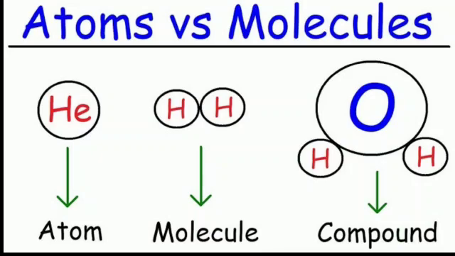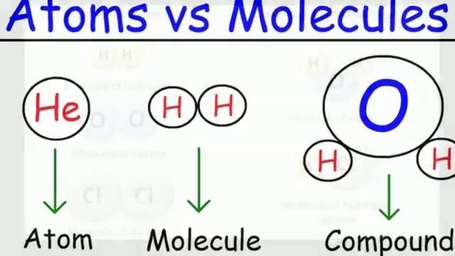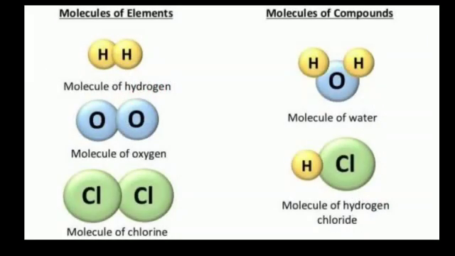And this picture shows two hydrogen atoms. H stands for hydrogen. So two hydrogen atoms combine to form a molecule, and the third picture shows a compound. Here you could see two hydrogen atoms combined with one oxygen atom to form the compound water. So H2O is called water.